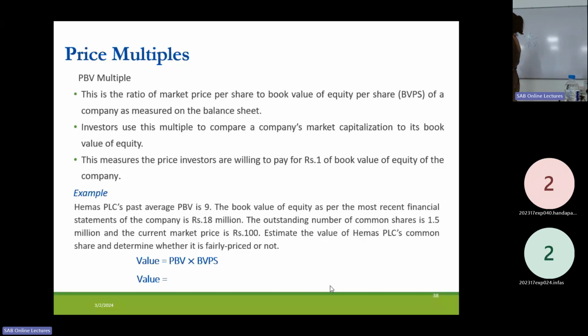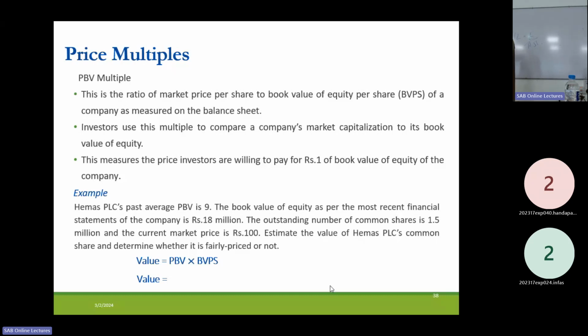So investors use this multiple to compare the company's market capitalization to its book value of equity. This measures the price investors are willing to pay for 1 rupee of book value of equity. Earlier it was 1 rupee of earnings, here it is 1 rupee of book value of equity.